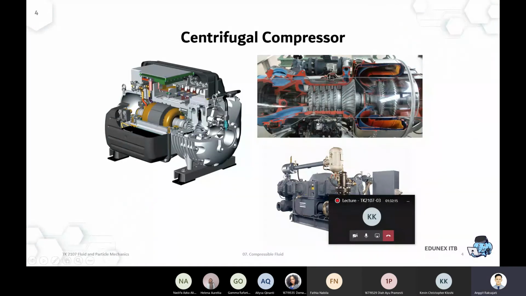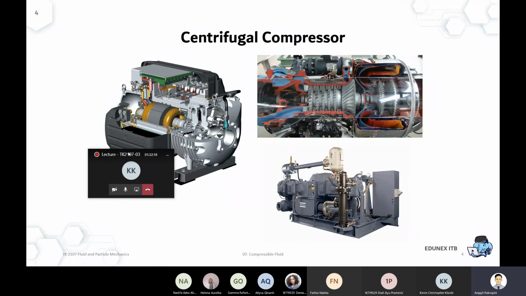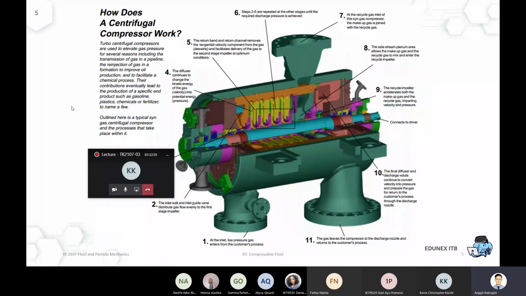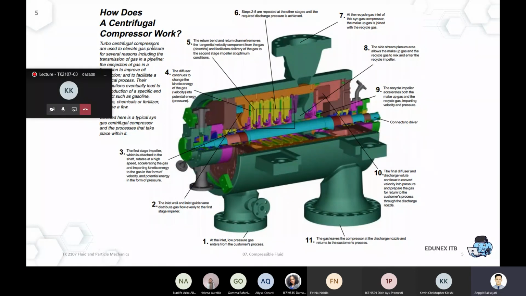In terms of the type, it's very similar. Centrifugal means you take advantage of the rotation of the impeller. Because of the impeller rotation, the kinetic energy of the gas increases. So this is the component. How does a centrifugal compressor work? That's the inlet coming from the bottom and then sent in this direction, and then there will be rotation.